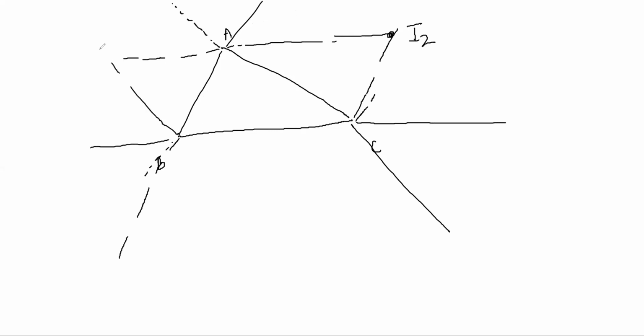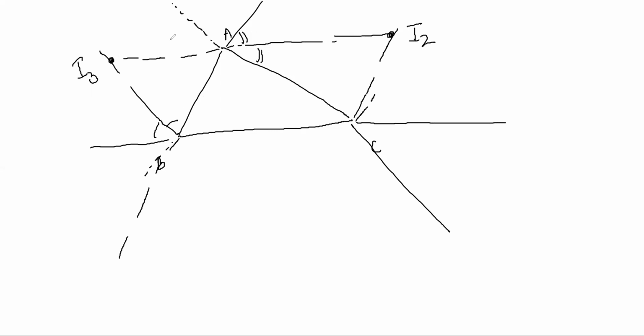So I2 will be opposite B, right? So it will be somewhere here. I2 will be somewhere here. And I3 will be somewhere here, right? I3 will be somewhere here.